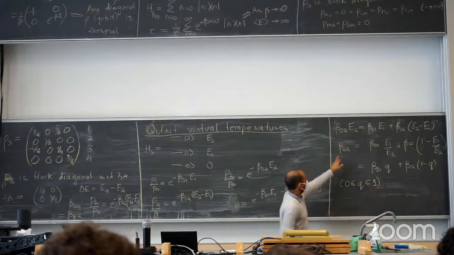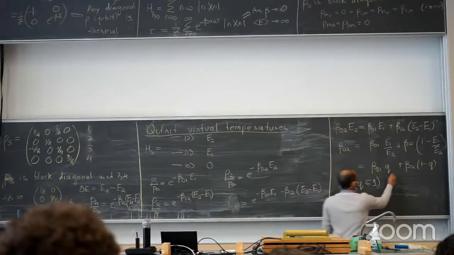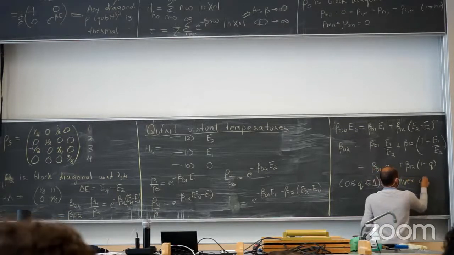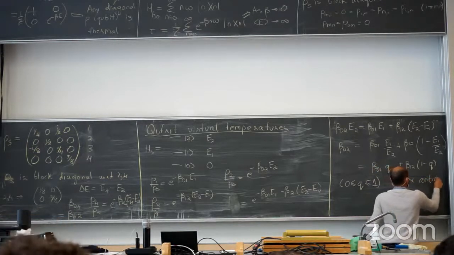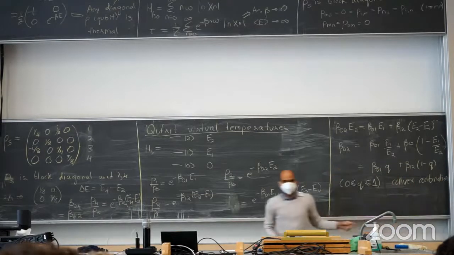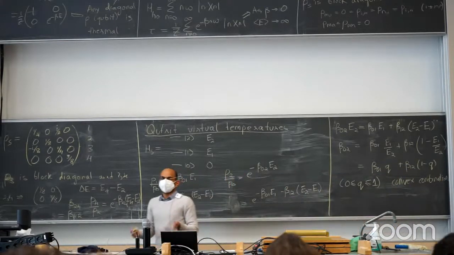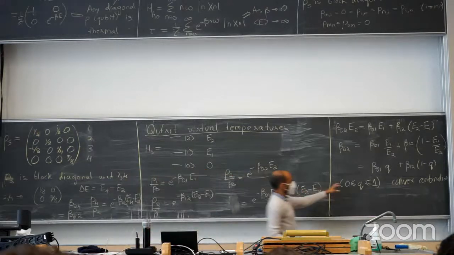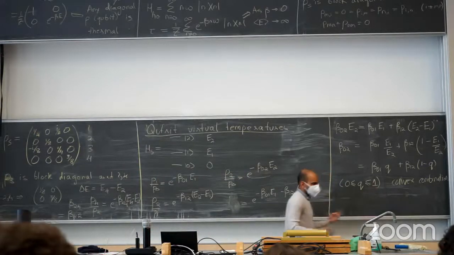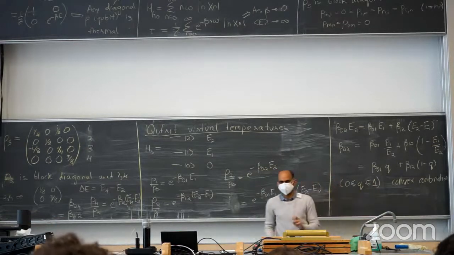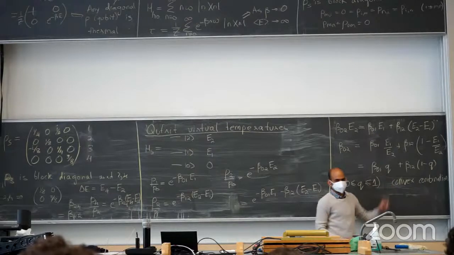So what this is now is what we call a convex combination. Convex combination, for those who have not seen it, is a special type of linear sum where all of the coefficients are between 0 and 1, and the sum of the coefficients adds up to 1. So it's basically like taking a probabilistic mixture, because each of the coefficients you can understand as probabilities.